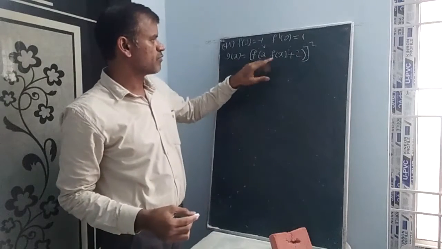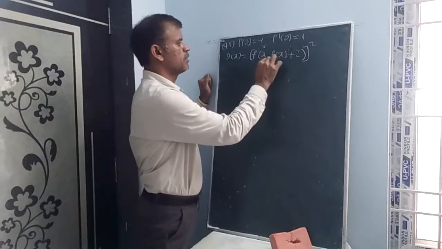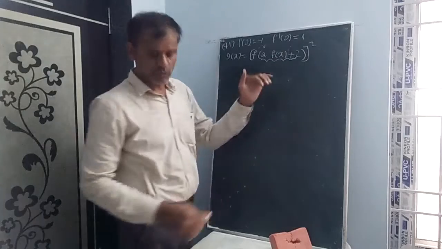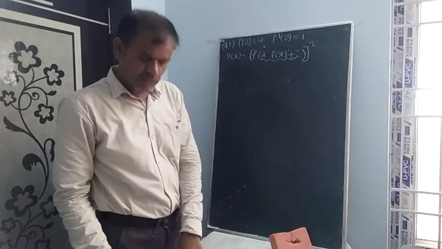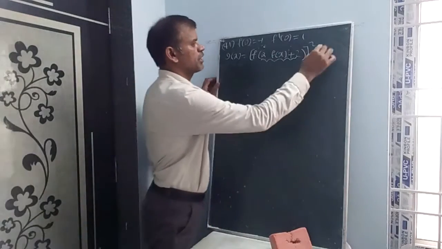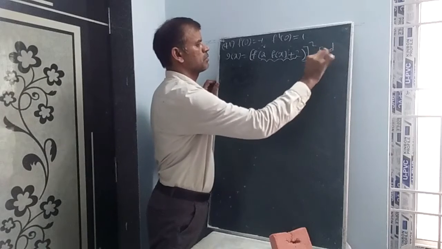That is, g of x equals f of, in brackets, 2f of x plus 2, total whole square. Then find g dash of 0.